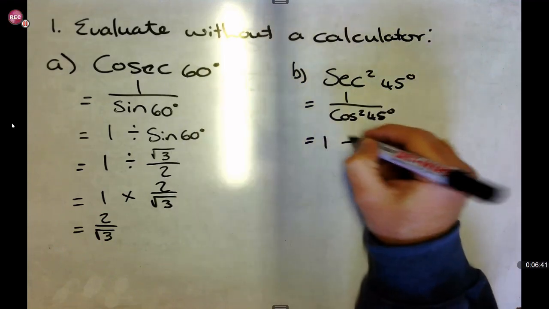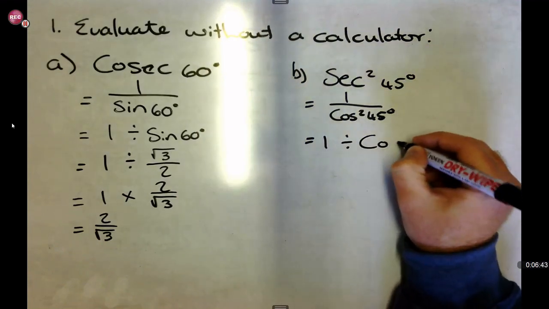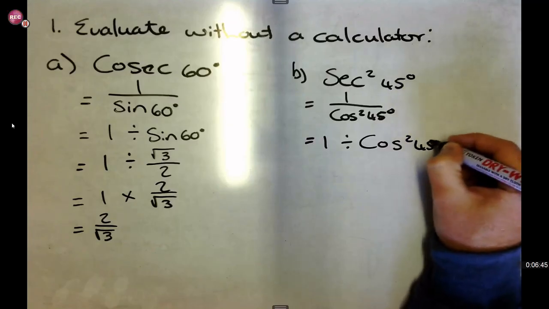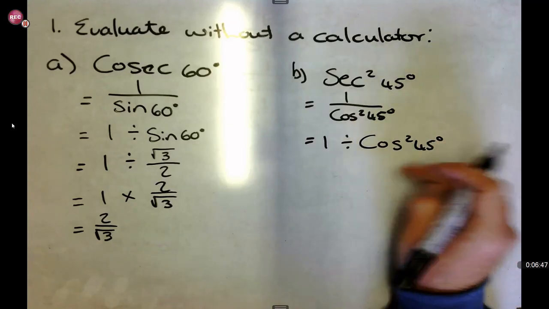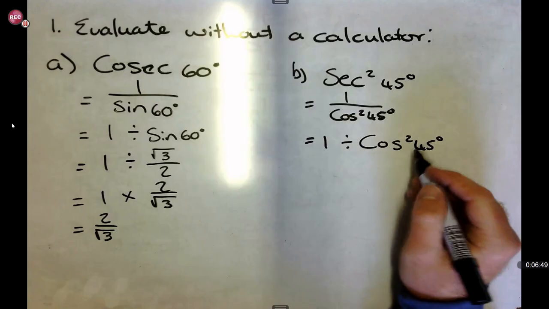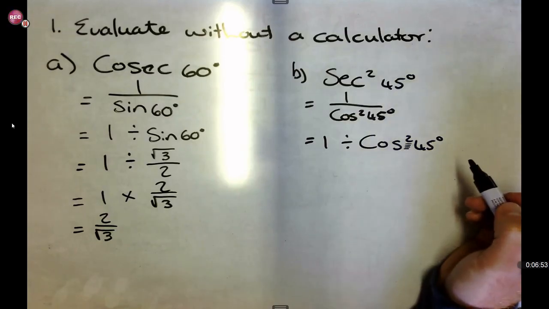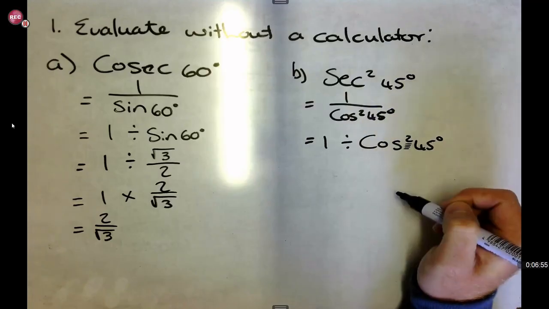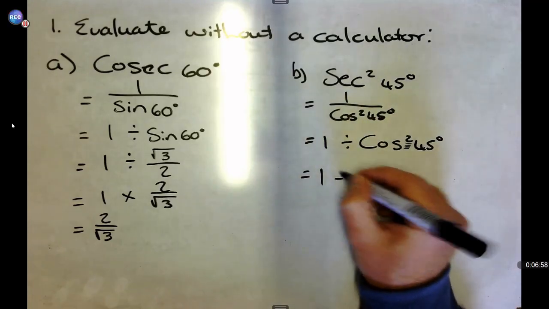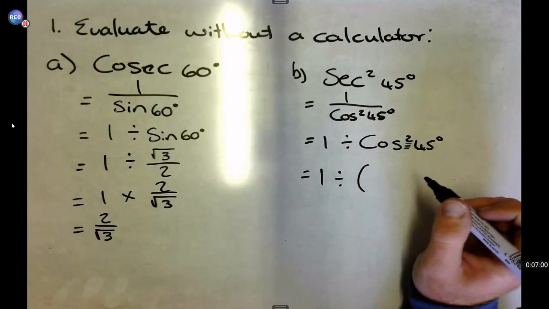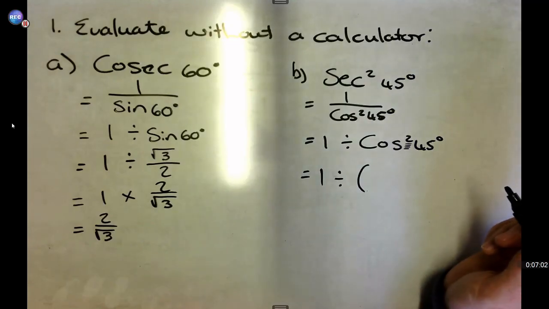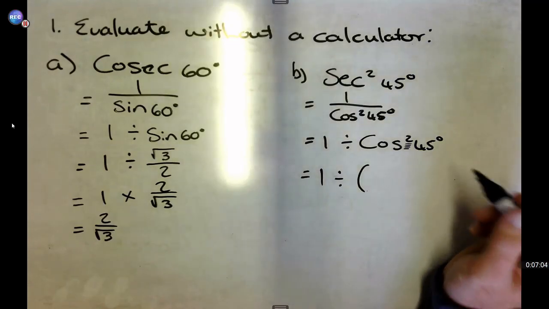So you'll have 1 divided by cos squared 45 degrees. And then you need to write the special angle, but you need to take into consideration that there's a square there. So you need to square the special angle. So we then need to say 1 divided by, open bracket, the special angle for cos 45, which is square root of 2 over 2.